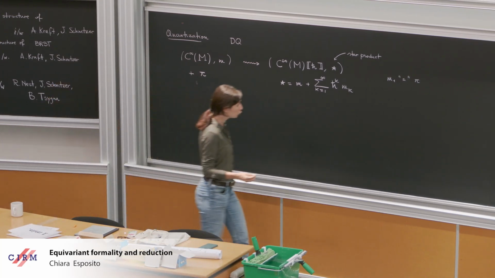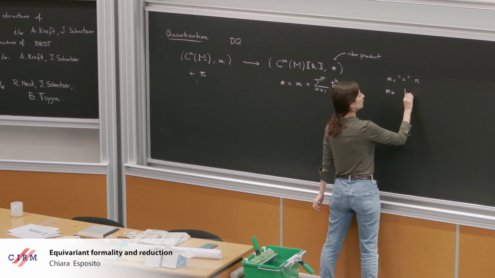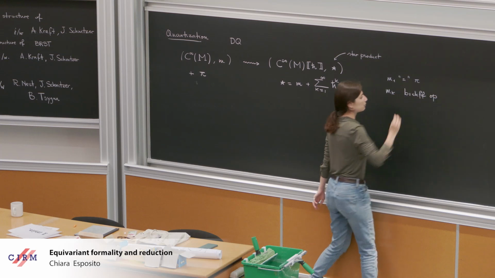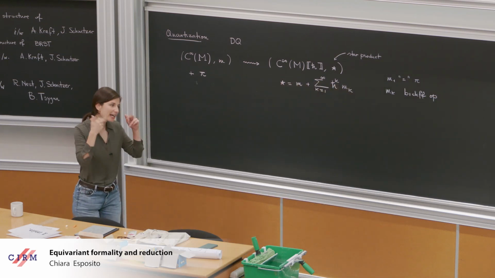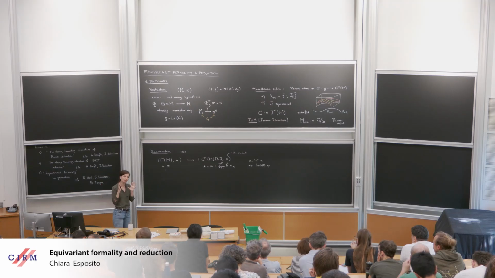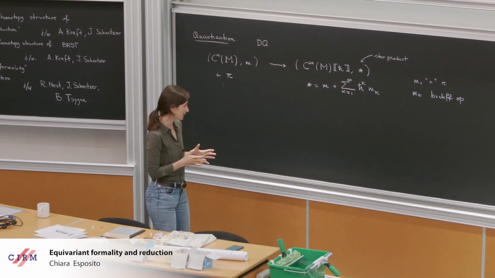Requirement number 2, the M_k are bidifferential operators. Okay? This really comes again from motivational physics. We want to somehow recover the locality behavior of quantum mechanics. So that's why we focus on these specific ones.